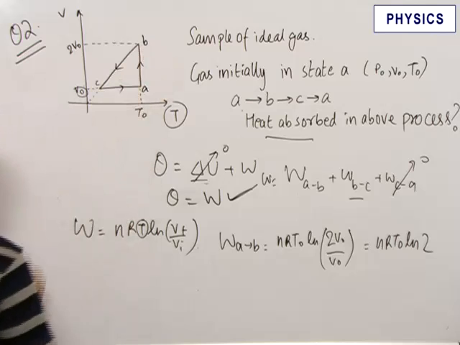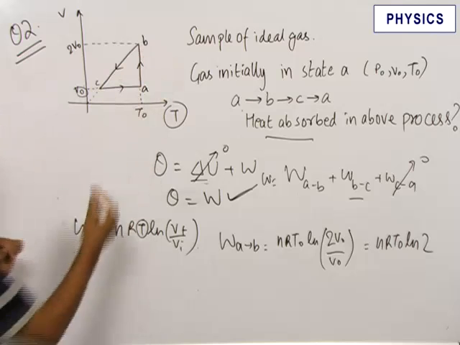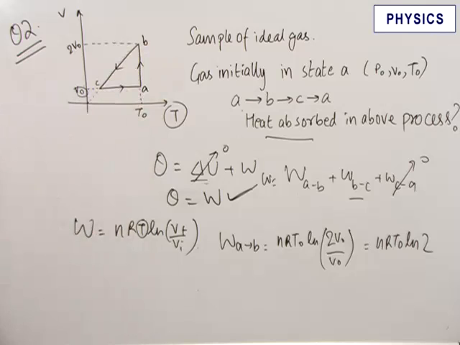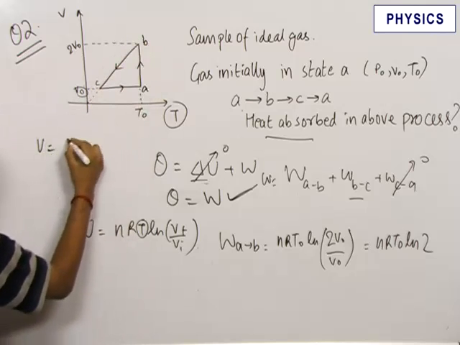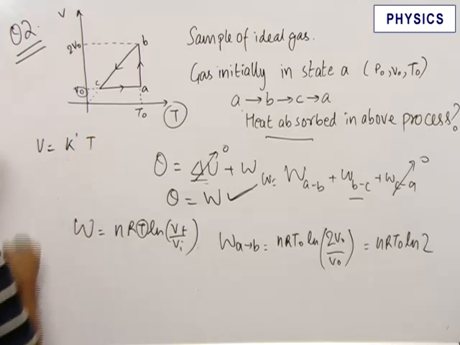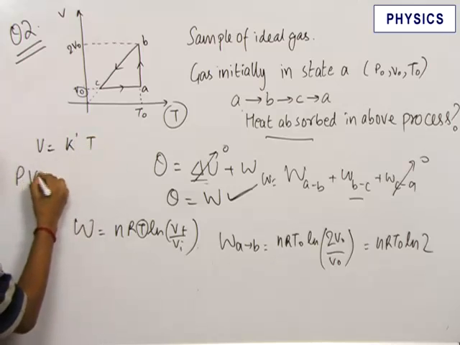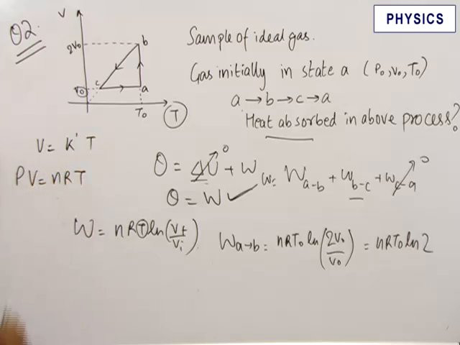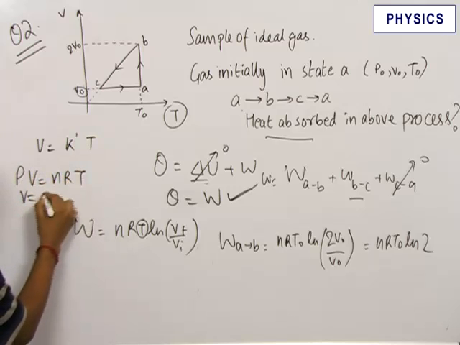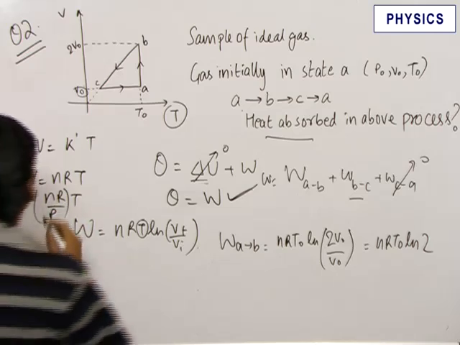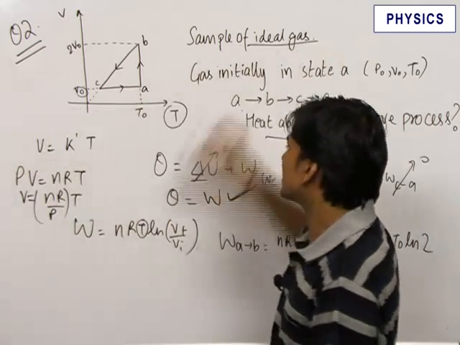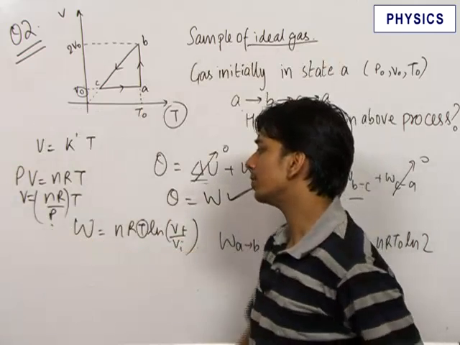Now B to C, look carefully, this line passes through the origin. Therefore the equation of this line will be of the format V is equal to some K dash into T. Now we know that PV is equal to nRT, so V is equal to nR upon P into T. Since this is an ideal gas, it must follow this also.